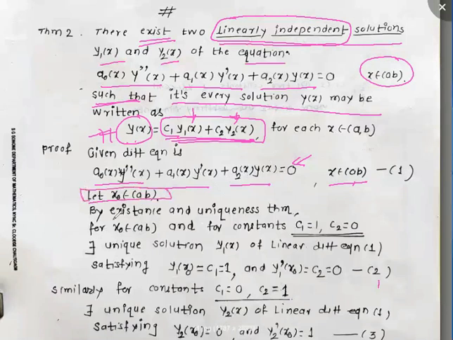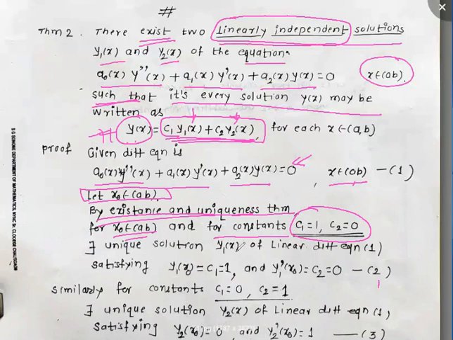By the existence and uniqueness theorem, for this point x0 and any two constants, we take c1 equal to 1 and c2 equal to 0. So what is the existence and uniqueness theorem?